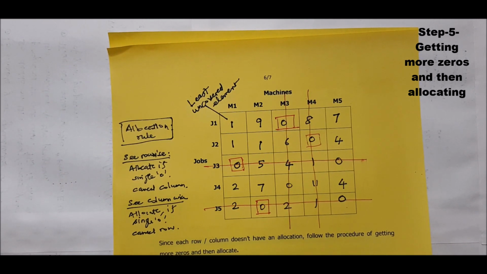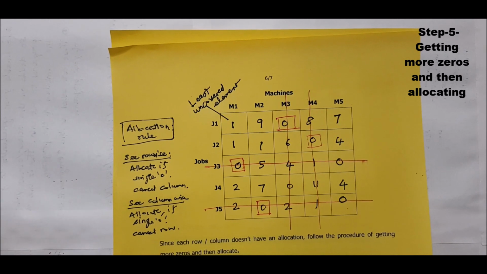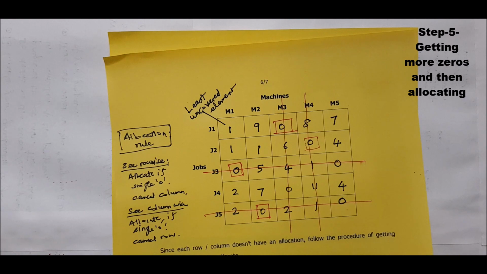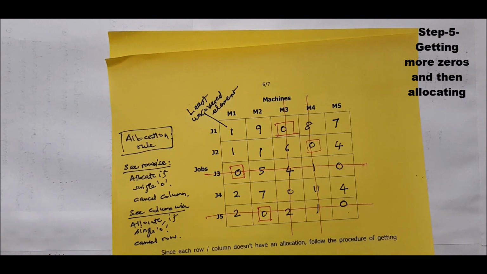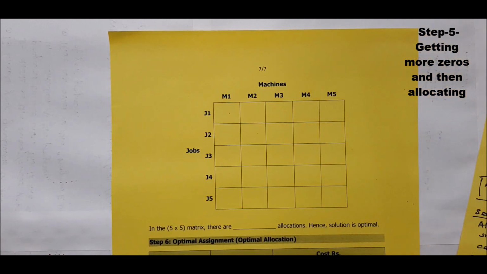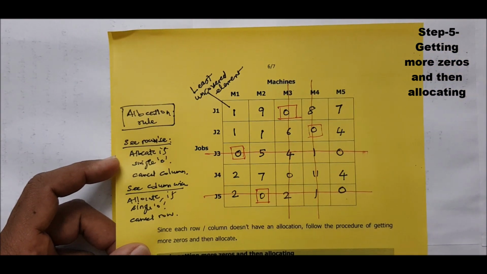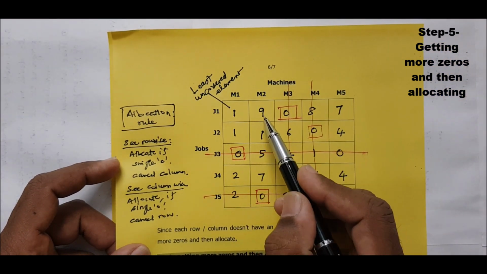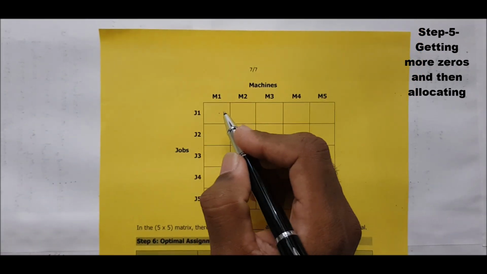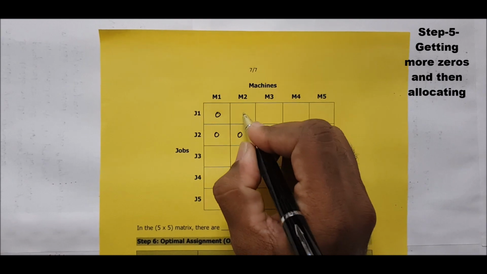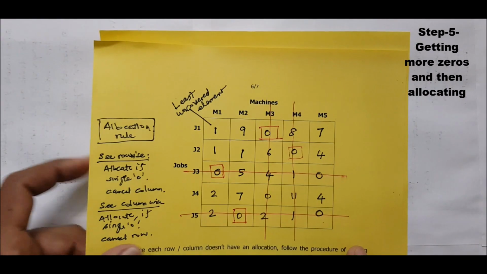Now, what happens? 0, 0, 0, 8. Then what happens?